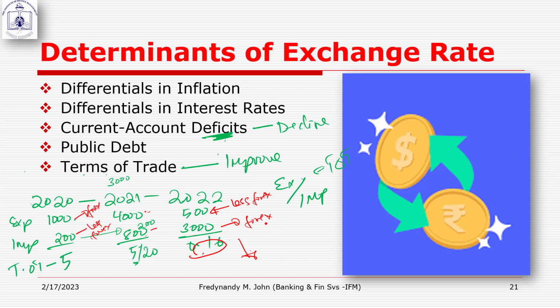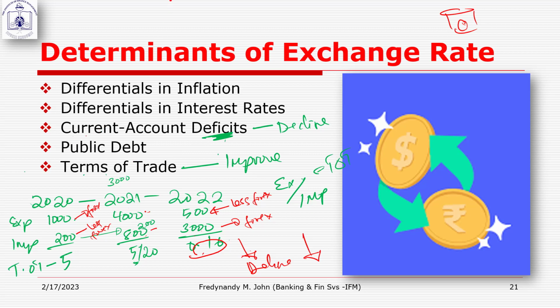If you do not have anything to export, your currency will be weak. Therefore, whenever you see the terms of trade for your country has declined, expect your domestic currency to depreciate in its value relative to other currencies.